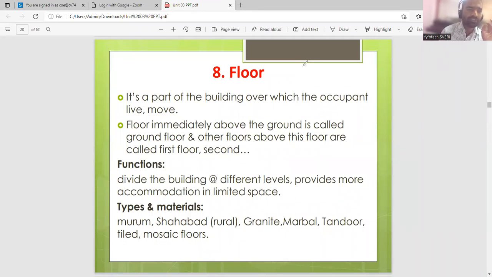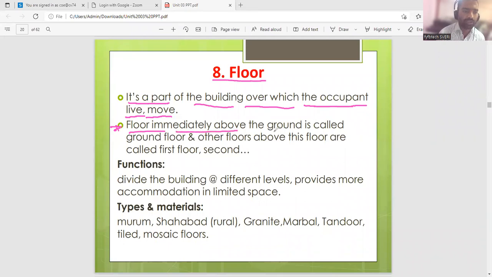Okay. Next point is floor. It is a part of the building over which the occupant live, move. Next point.